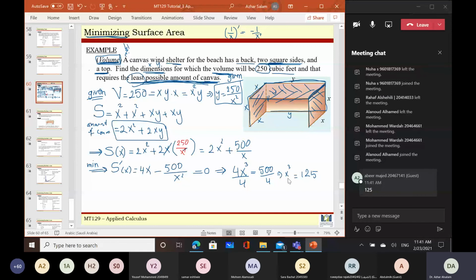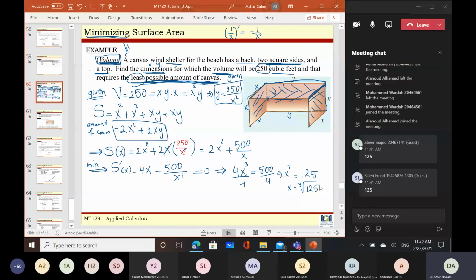I still have to find x. So x equals the third root of 125. What's the third root of 125? It will be 5. 5 to the power 3 is 125, right?